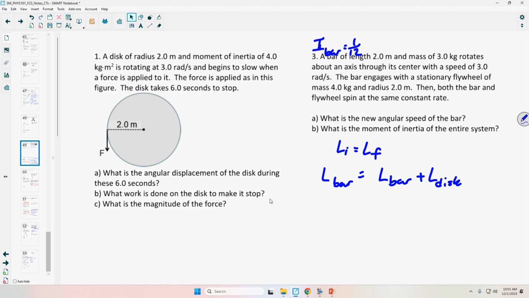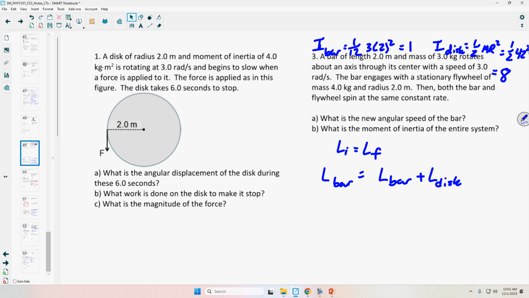That's 1/12 mL squared, 3 times 2 squared. That's 1. And then the moment of inertia of the disk, which is a cylinder, is 1/2 mr squared. 1/2 of 4 times 2 squared. Oh, there should be a squared there. That's 2 times 4, that's 8.